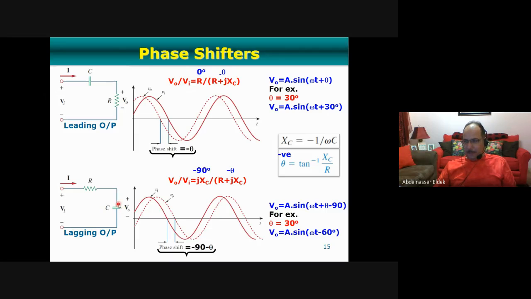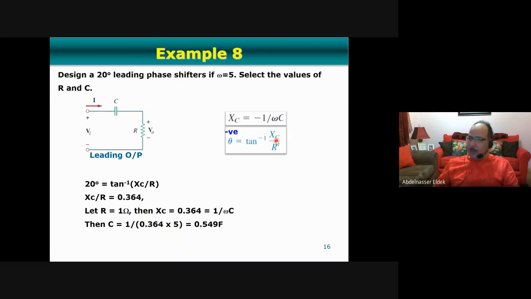You just need to calculate theta. If you want a leading angle, use this circuit. If you want lagging, use this circuit. It's very simple, and theta is tan minus 1 of Xc divided by R.